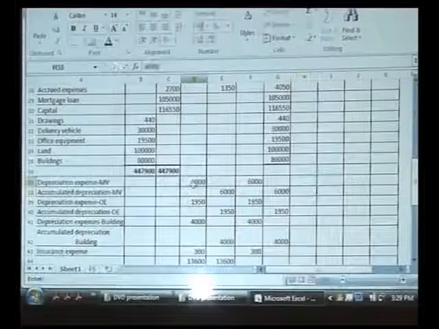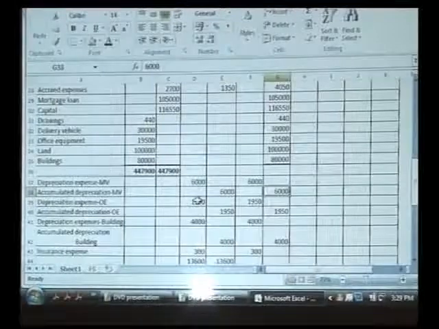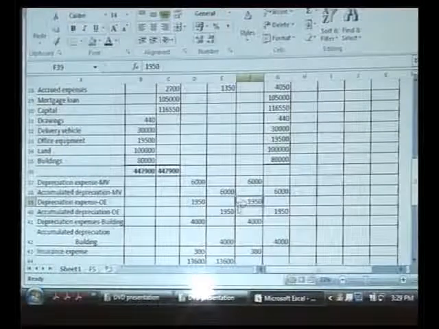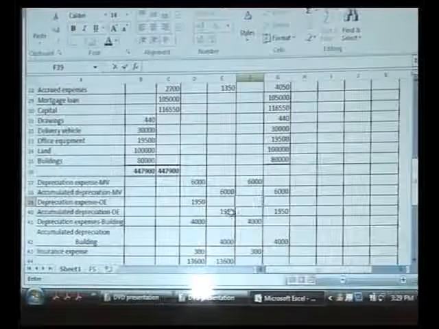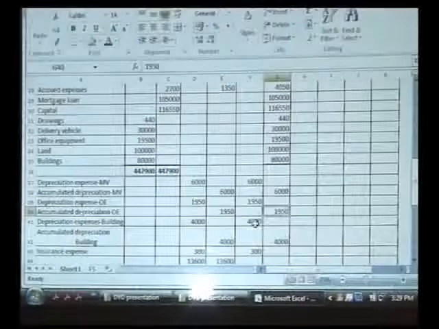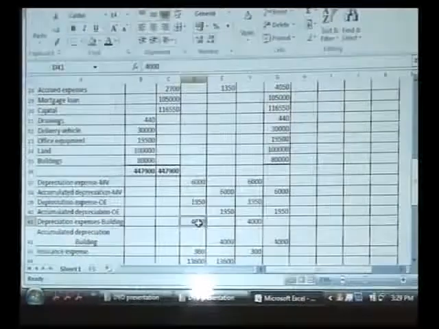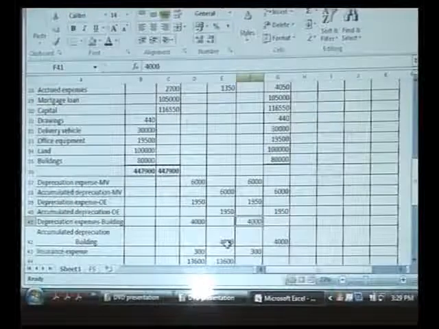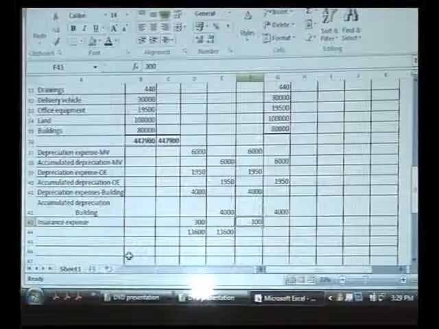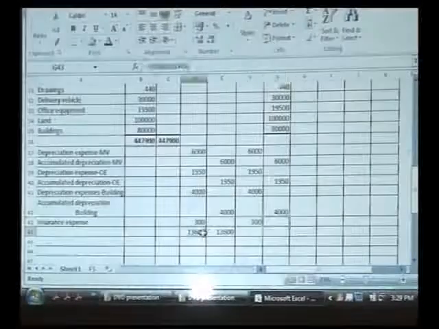Okay, debit 6,000, credit 6,000, depreciation expense 1,950 debit, and accumulated depreciation credit, the building debit, okay, and accumulated depreciation credit, all right, and all these entries we made include adjusted amounts. Now we can find the total.